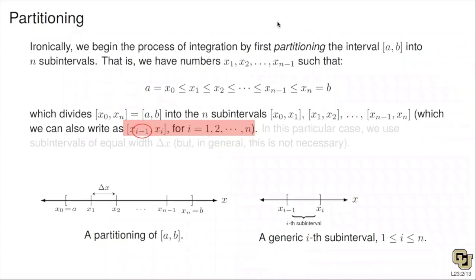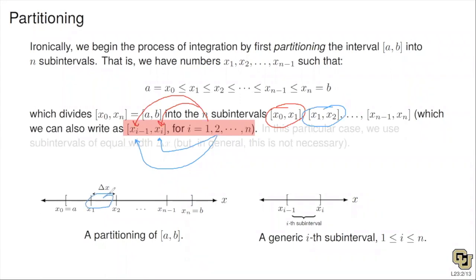For example, if you plug in i equal to 1, in these two places, we get x sub 1 minus 1, which is x sub 0, comma, x sub 1. We get back exactly the first subinterval. If I plug in i equal to 2, then I have x sub 2 minus 1, or x sub 1, comma, x sub 2. That gives me exactly this second subinterval.